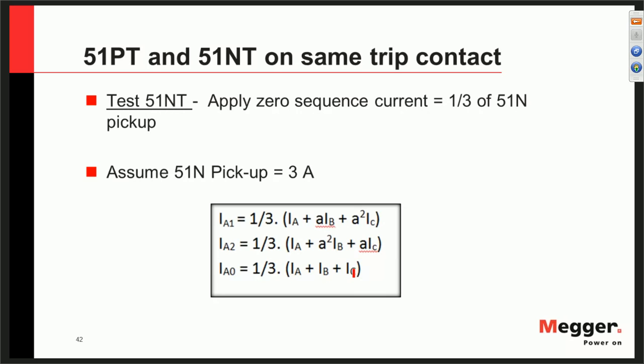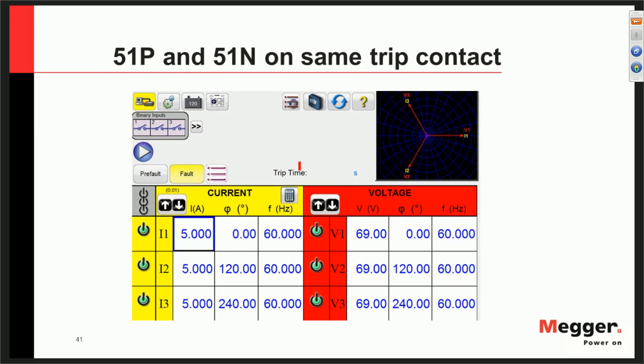In case of neutral ground faults, the vector summation would be equal to the neutral current, right? So if I take my 51 neutral current pickup and supply 1/3 of that, I can do a 51N pickup. In that case, your 51 PT element is not getting picked up. Why? Because you already have a very low pickup, 3 amps, and my phase pickup was already 5 amps, so it will never get picked up.